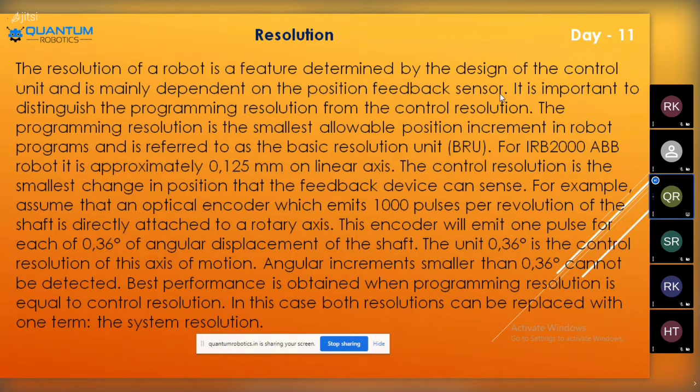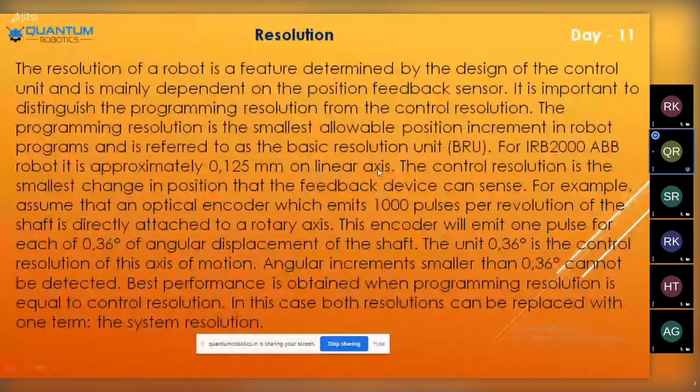But when we go to the programmable resolution, in online mode or automatic mode, the programmable resolution plays the important role. It pinpoints the particular area, for example where to drop the box or collect a particular job. That's why they mention the programmable resolution separately from the control resolution.